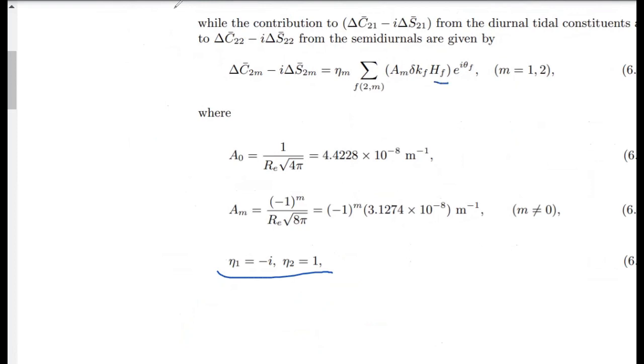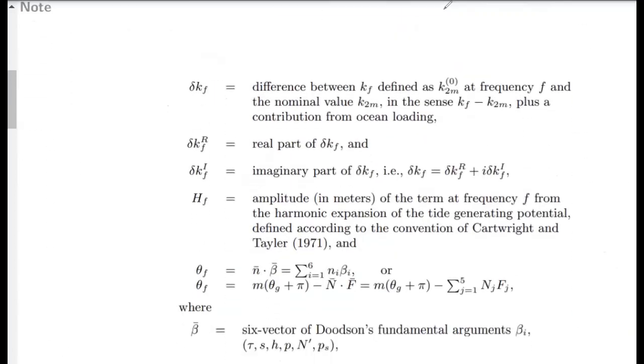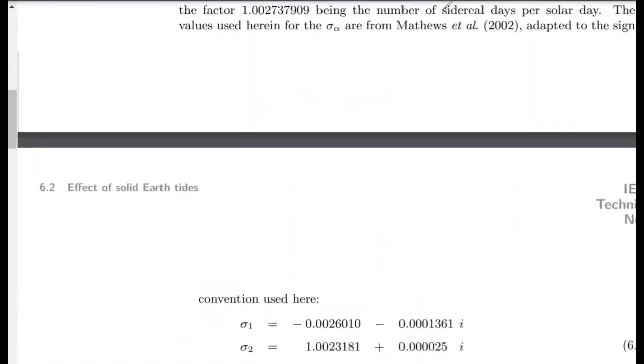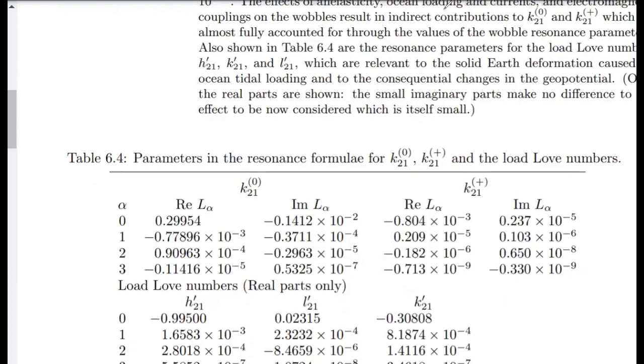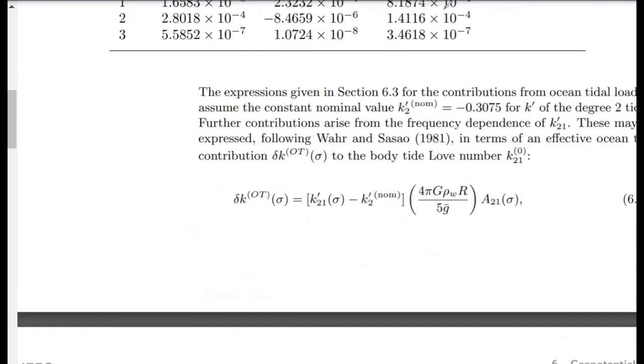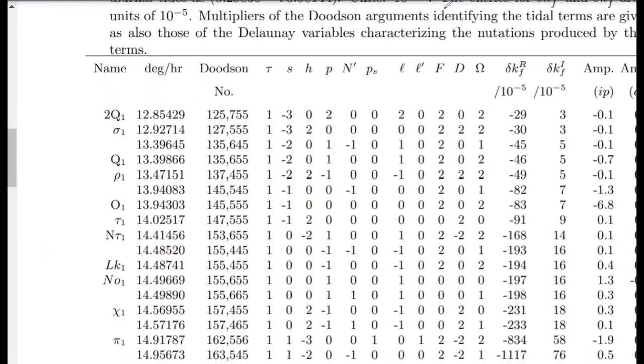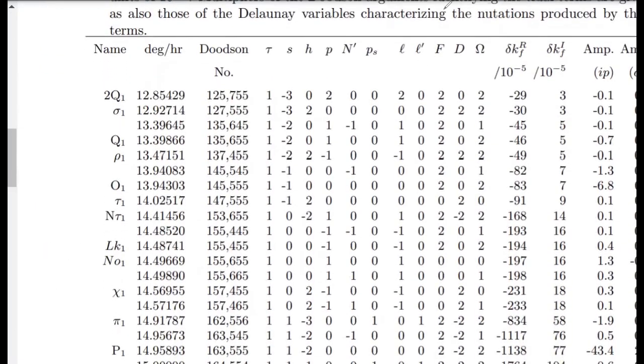But this amplitude, which is HF and delta K and delta KF, we need a table to compute. This table is here. Let's see if I find a table here. So it depends which tidal component you want to consider.